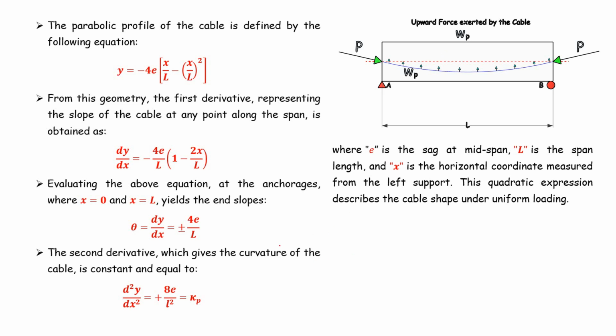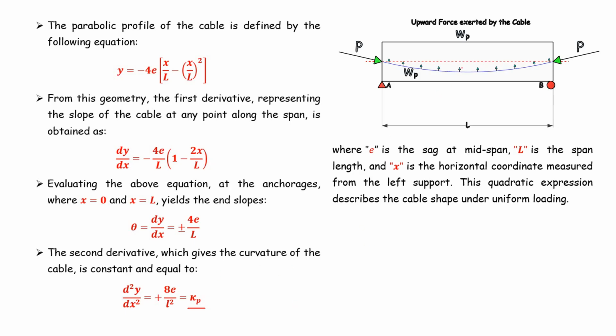Now, if you want to know the curvature of the cable, we know that curvature is related to bending moment, and d square y by dx square is equal to the curvature, which is called kappa p here. So this mathematical notation is kappa p. Now this kappa p is equal to 8e by L square, which is obtained from this dy by dx.